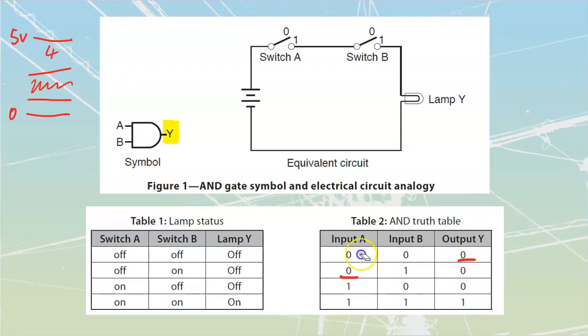We also define it off of a Boolean expression. And the Boolean expression for this one is A and B equals Y. It's a form of math that doesn't seem like math. 1 times 1 is equal to 1, right? That doesn't seem like math later on once we get into some of our other components, but it allows us to create complex mathematical statements that we can then define down and make smaller.